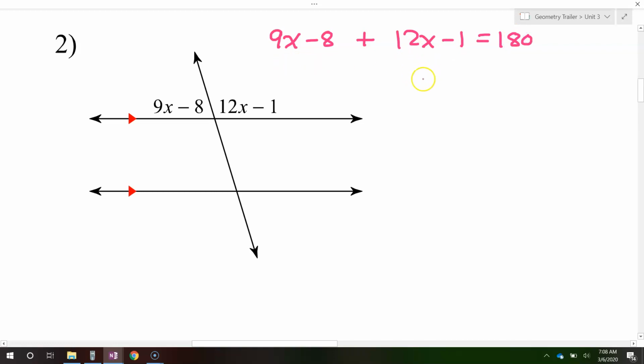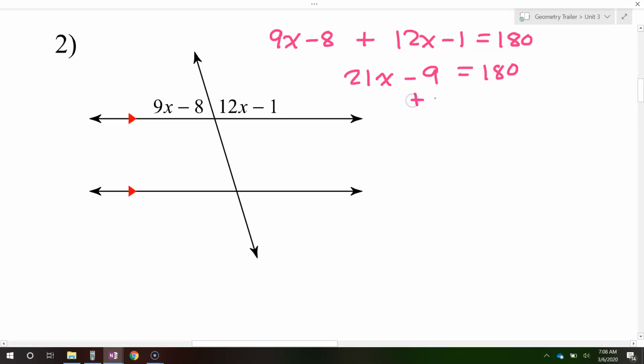Now I've got these like terms. 9x and 12x are like terms, so that's going to be 21x. And then negative 8 and negative 1 make negative 9, equals 180.